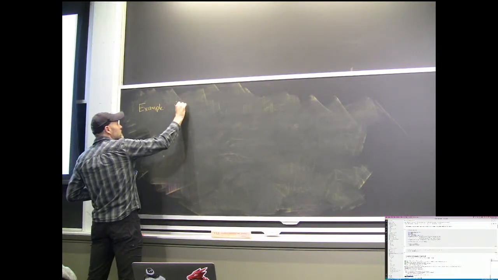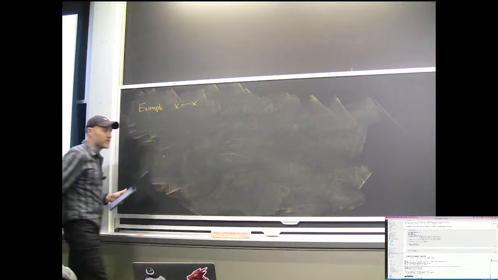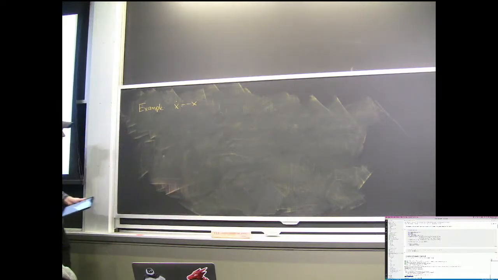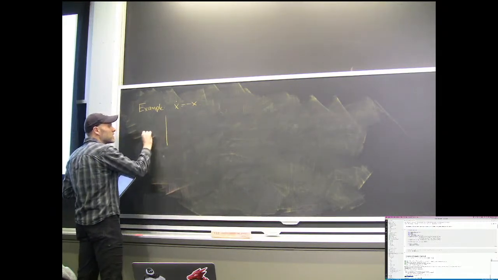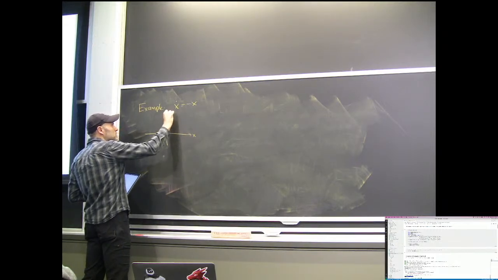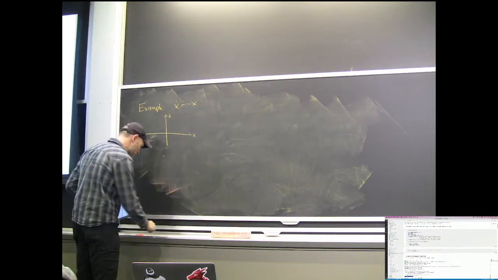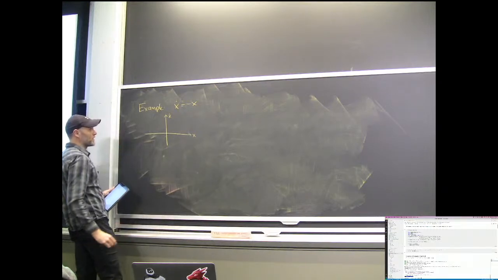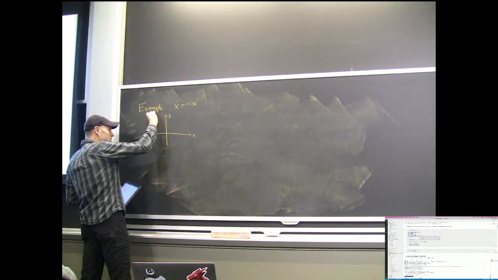Let's just say I have the trivial linear system, x dot equals negative x. If I draw my flow, this is a one-dimensional system, so I can draw my flow on a line.